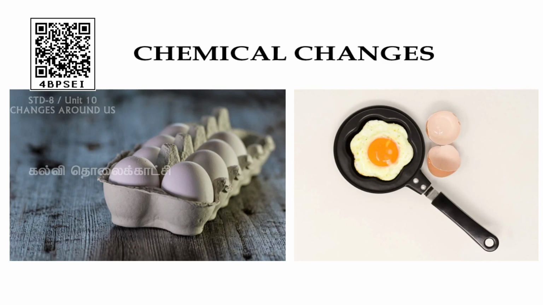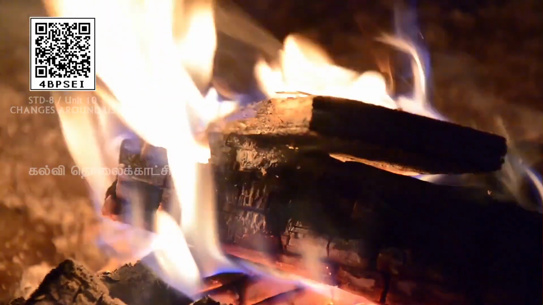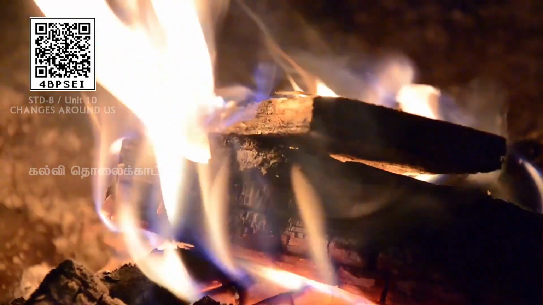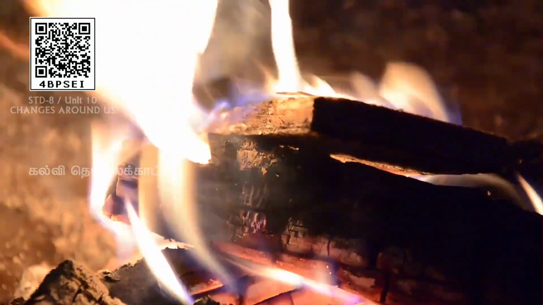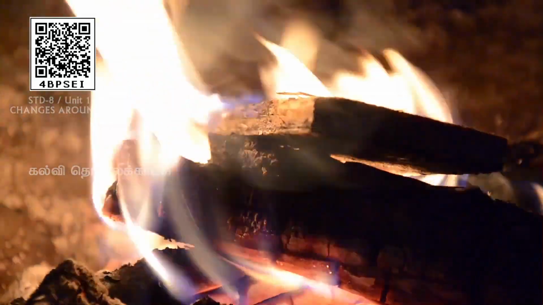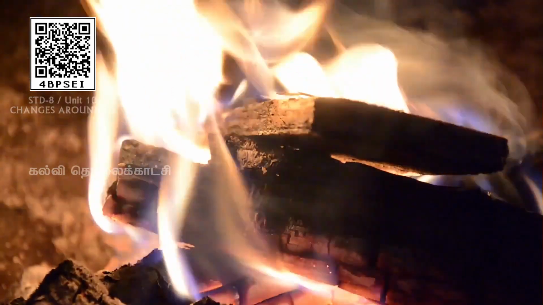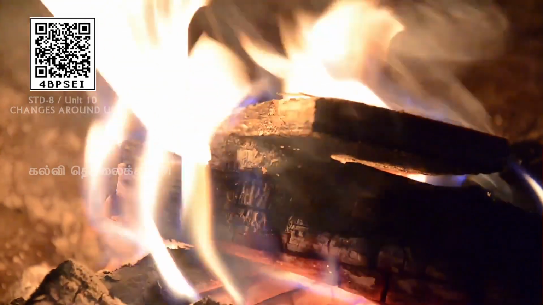For example, you heat a raw egg to cook it. The cooked egg cannot be changed to a raw egg again. Similarly, when you burn wood, you get ash and smoke. You cannot change the ash and smoke back to wood again. So, these are examples of chemical changes.